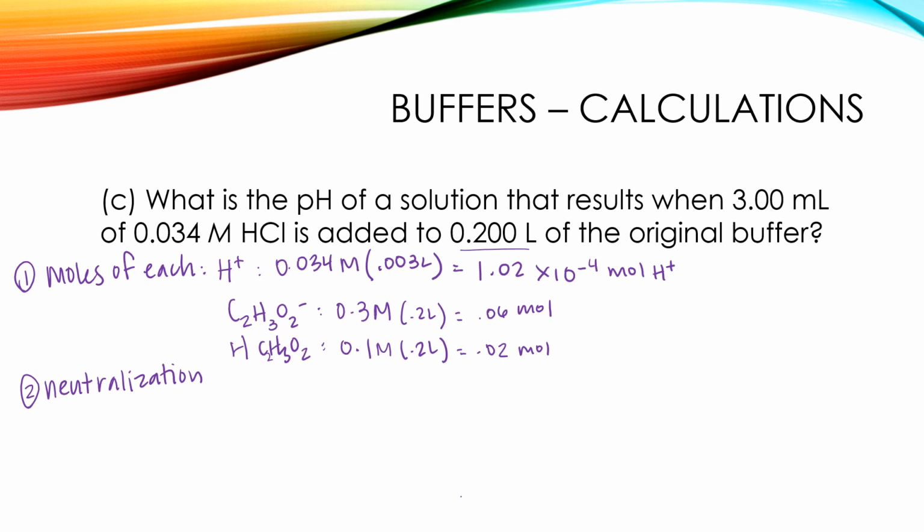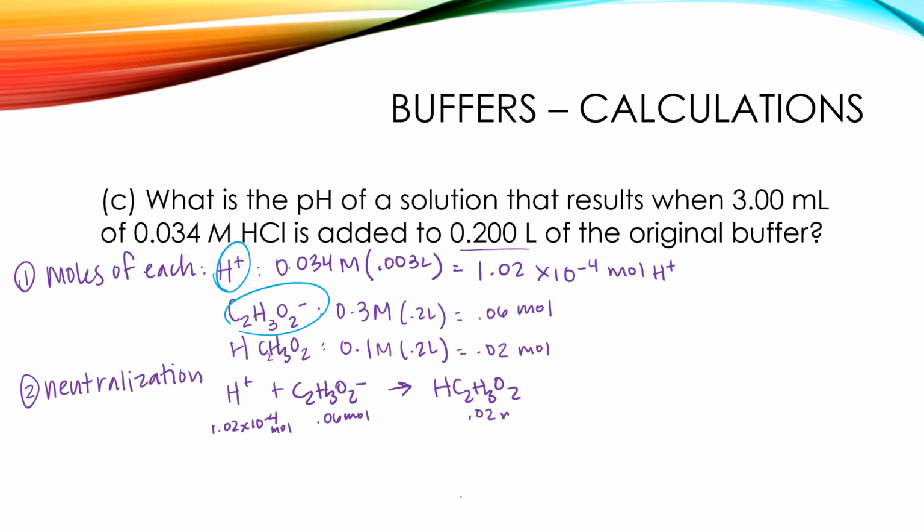So what's going to react? Well, this is an acid, so it's going to react with the base. I have 1.02 times 10 to the negative 4 moles of the acid. I have 0.06 moles of the base and 0.02 moles of acetic acid.